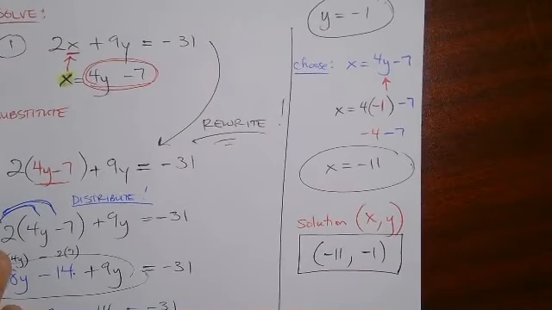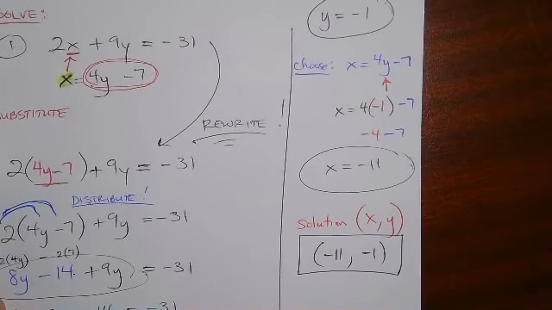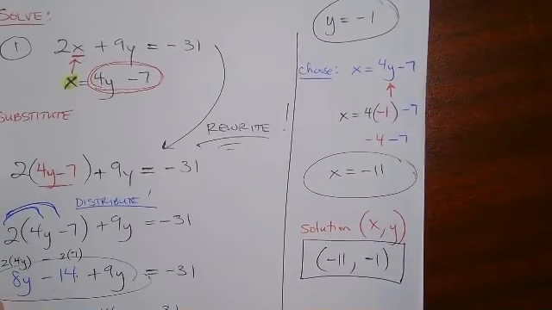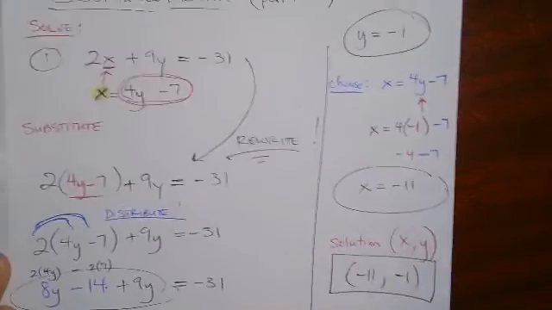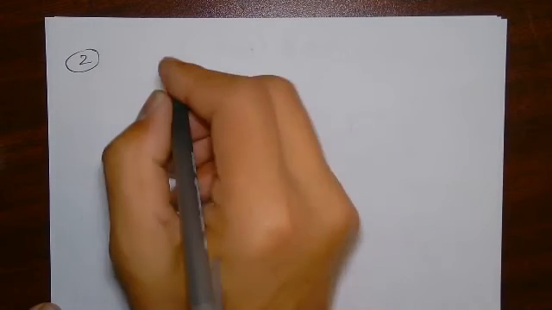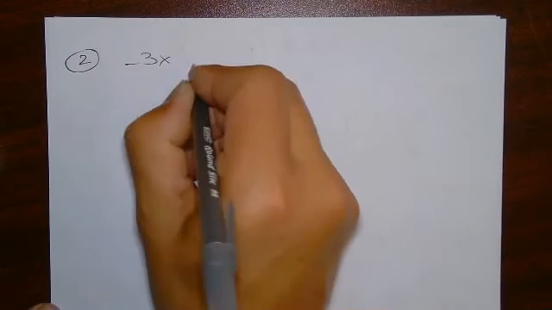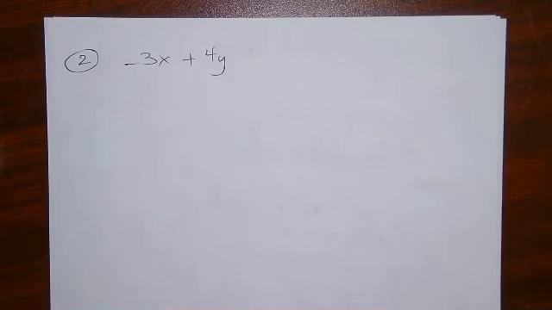Okay, so not too far from what we learned yesterday, right? All right, let's do another one. Number 2. We're good? Everybody good? Number 2. All right. Negative 3x plus 4y. Copy that.